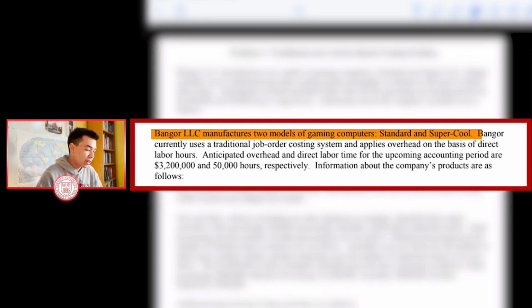So anyways, Banger LLC manufactures 2 models of gaming computers, standard and super cool. Banger currently uses a traditional job order costing system and applies overhead on the basis of direct labor hours. So this is very important, right? They're currently using traditional job order costing, which is very common because it is much easier to do than ABC costing.